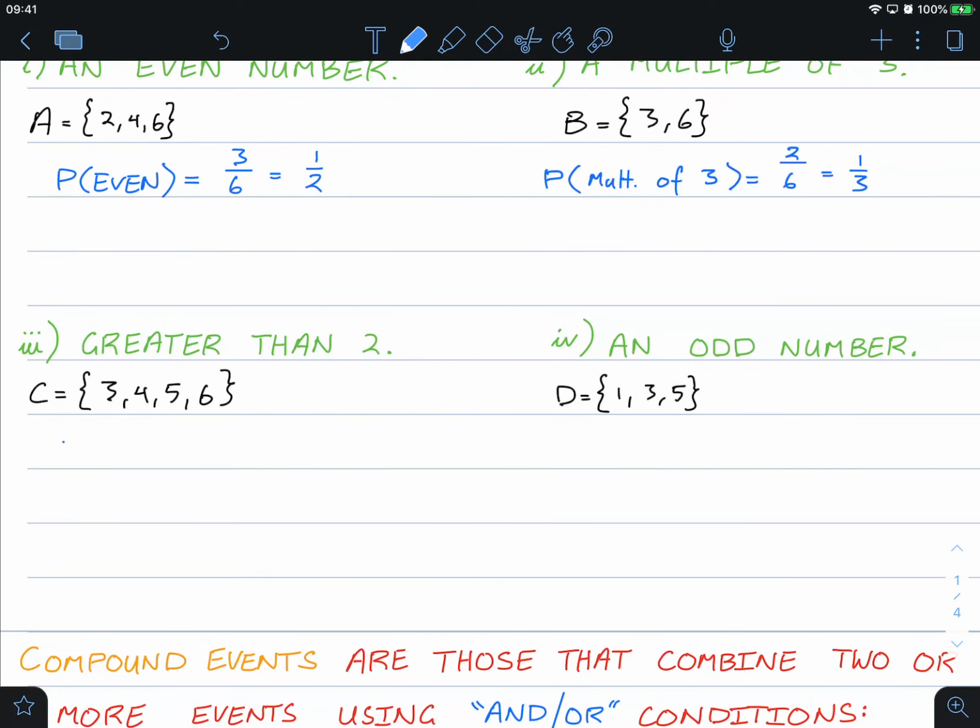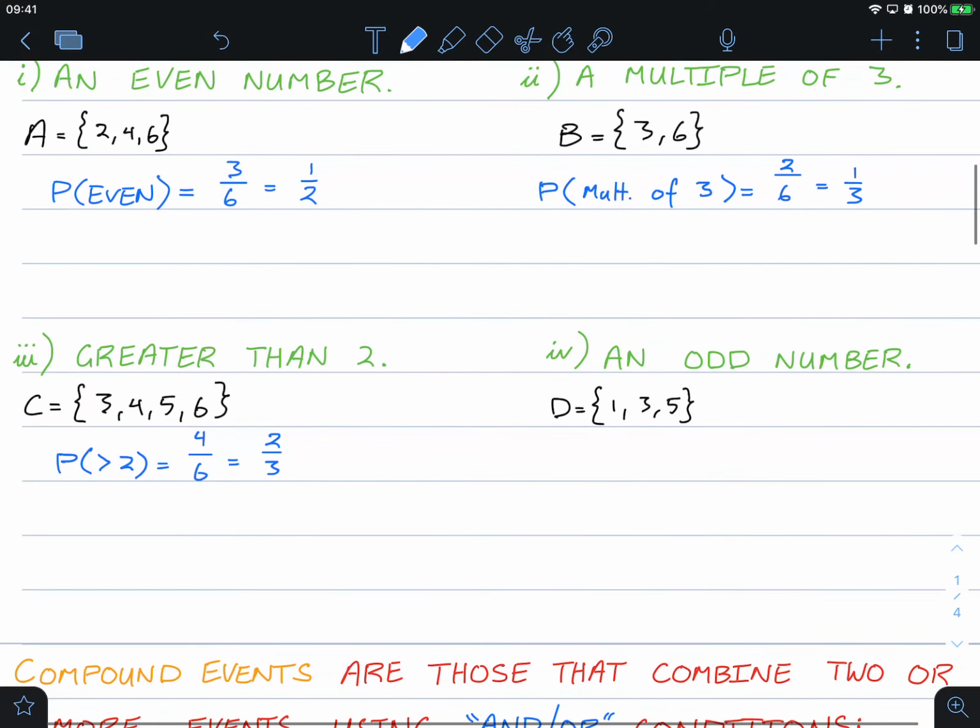Greater than 2, so the probability of greater than 2. There are 4 outcomes here out of the total of 6. That is 2 out of 3. And lastly, the probability of odd. We can clearly see that there are 3 odd numbers in that event out of the total of 6, which simplifies to a half.